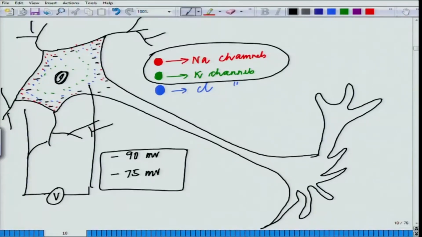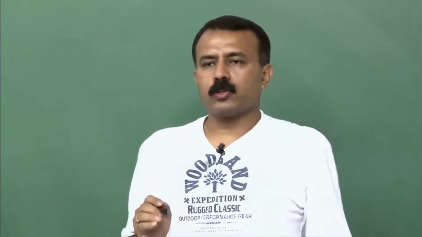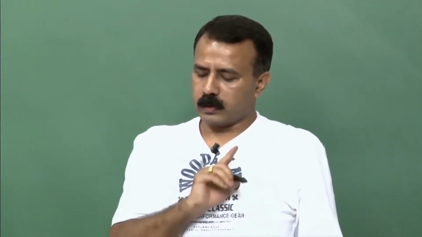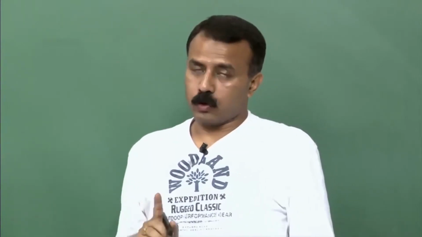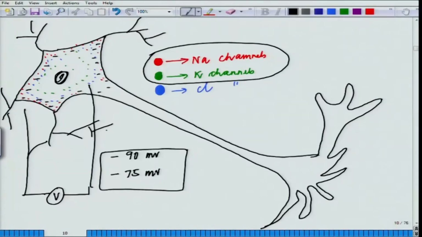Now, in this situation what happens? Say for example, some way or other I create a situation here. Look at this drawing. I change this voltage slightly towards positive. Say for example, I bring it to minus 60 millivolt or say minus 40 millivolt.